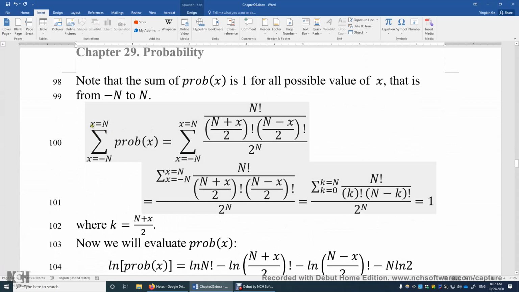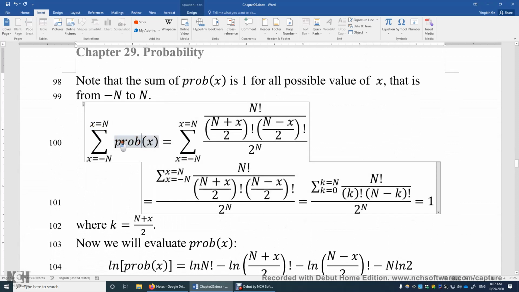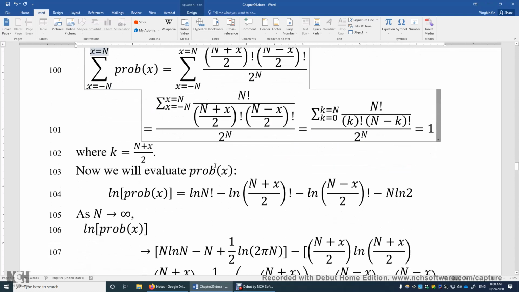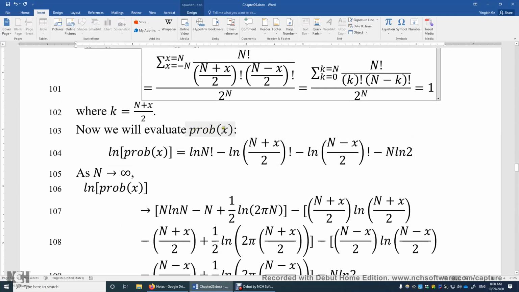First, we can see this probability distribution is normalized. So over here, you can pause the video and see if this is normalized. And now we evaluate the expression of the probability of finding that person x steps away from his original position. x can be positive, it can be negative.